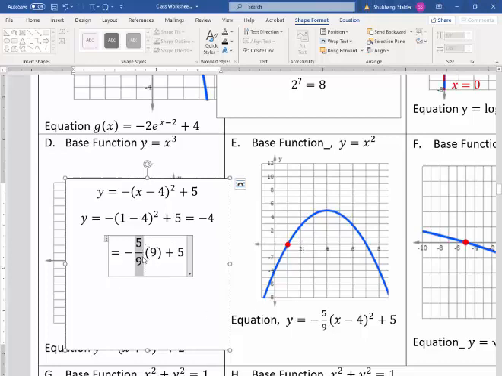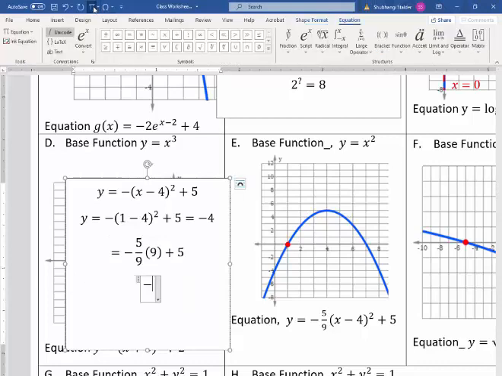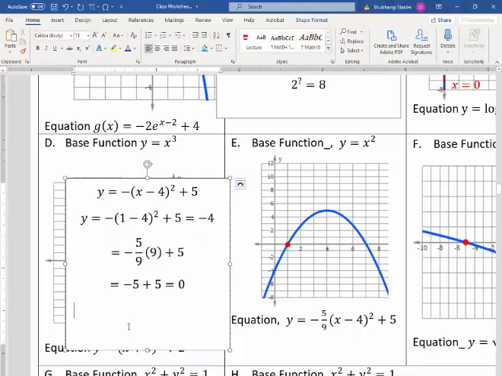The only way I'm going to get that is if I multiply the 9 by 5/9, because the 9 and 9 will cancel. Then I'll be left with -5 plus 5, which is 0, which is what I want. Okay. Can you see that? Yes, ma'am. Okay, so that's why that's the function. Any questions on that?